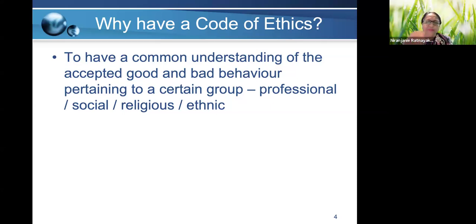That's how the code of ethics starts. Even at the IESL, can you tell me when the IESL was started?